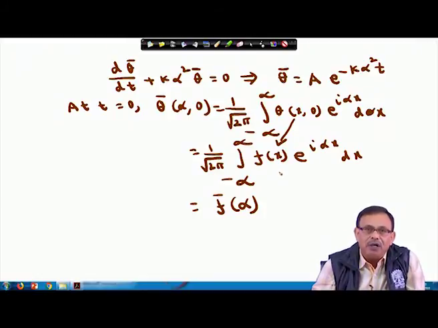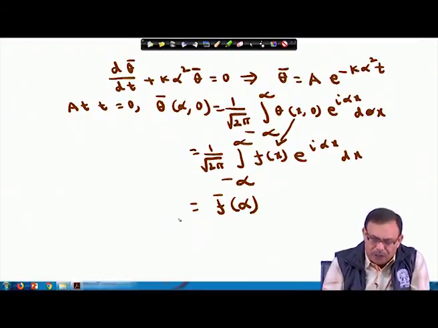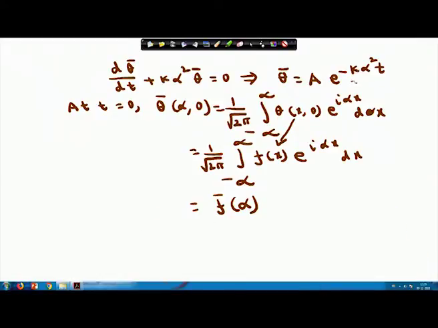So, ultimately you are getting theta bar alpha 0 equals f bar alpha, where f bar alpha is the Fourier transform of f x. If f x is known to me, then I can calculate f bar alpha also. So, by using this in this particular equation, I will obtain my a as f bar alpha.